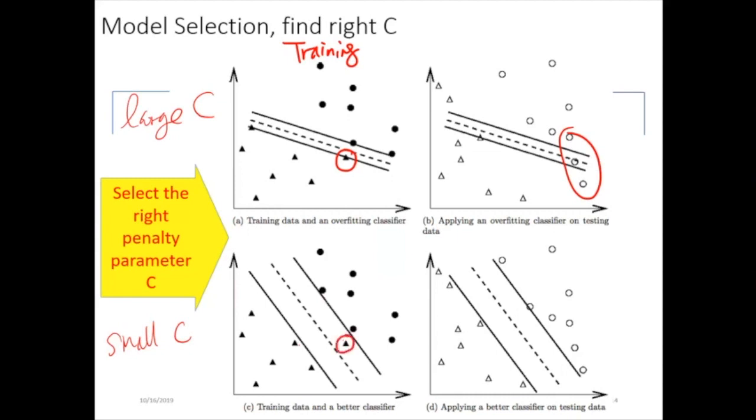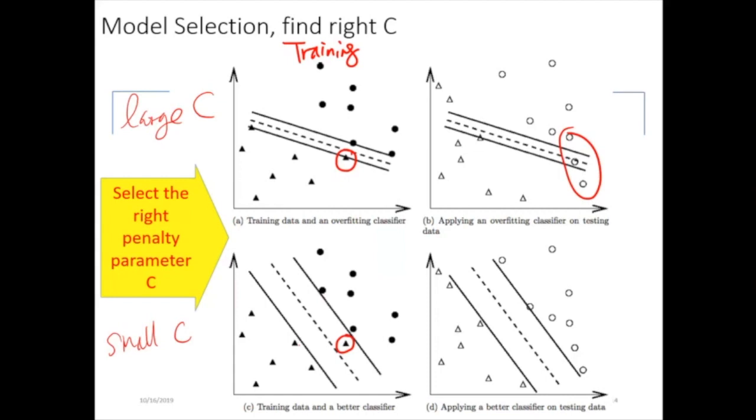If you allow that point to be wrongly predicted by using a small C, your margin is actually much larger. It has better generalization, a good region or band separating the two classes, and hopefully on the testing data it can generalize better. So in the end, the point is that the separable case is about whether I make classification errors.